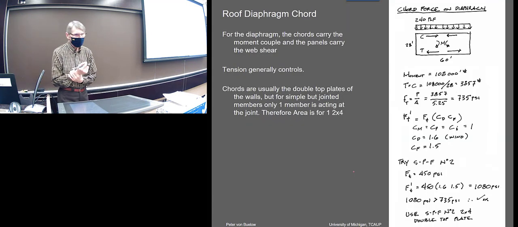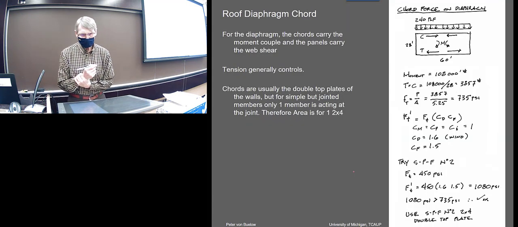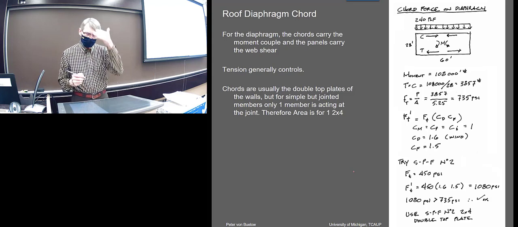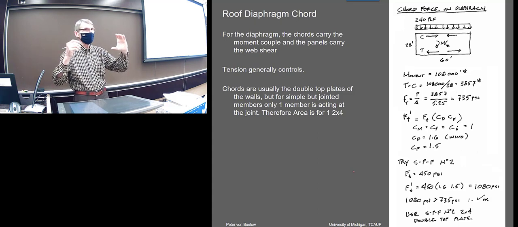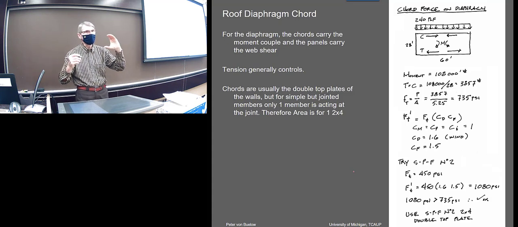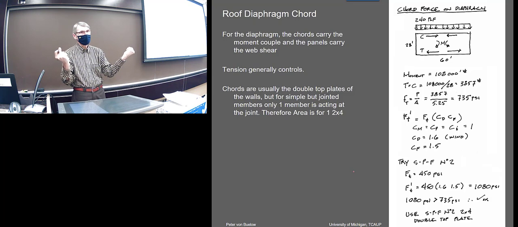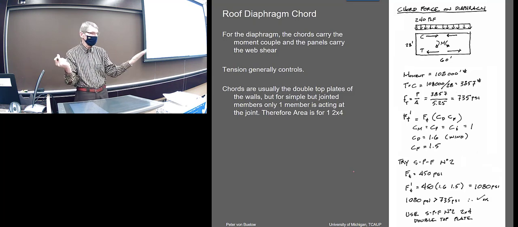Now we've got to think about the chord force. We'd have to design those top and bottom chords, or at least check that they are strong enough, and this would almost certainly be in tension. First, they're weaker in tension. If you look at the NDS specs, the allowable tensile stress is always lower compared to compression.